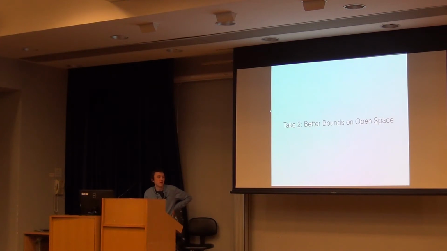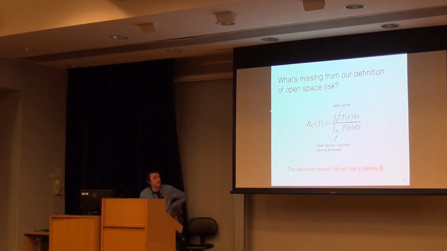So can we fix that problem and not have this issue of infinite open space? So what's missing from our definition of open space risk? This definition doesn't tell us how to define O. And that's a big issue. If we don't know how to do that, we're not going to be able to estimate the risk appropriately.